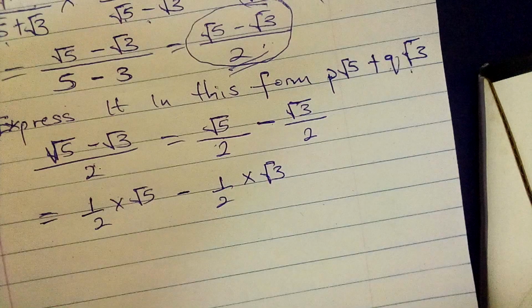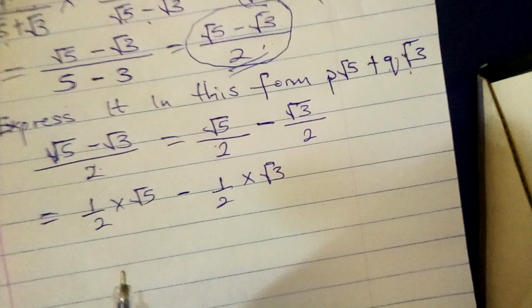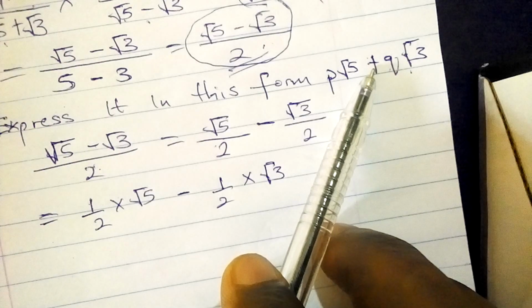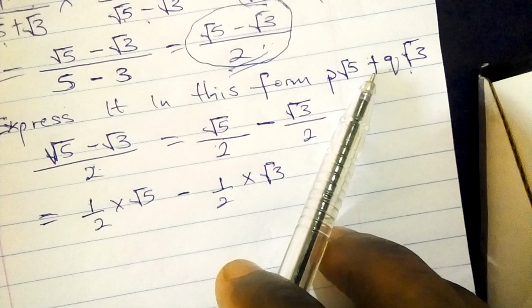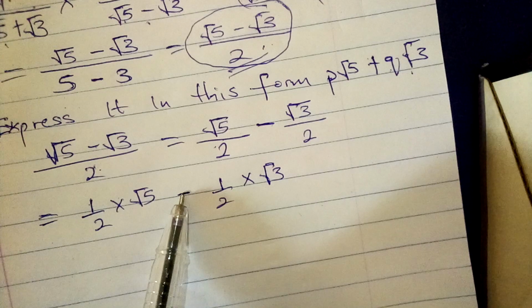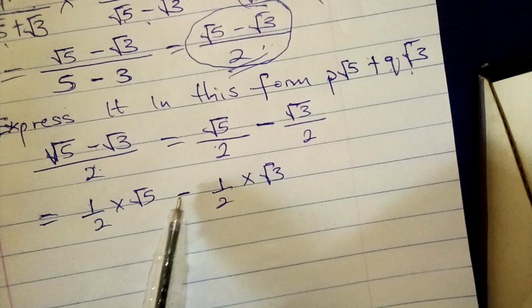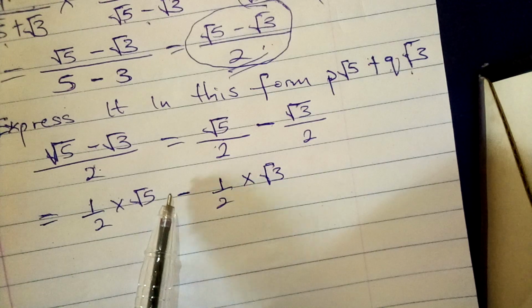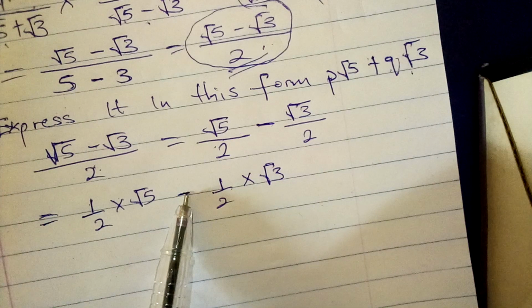So the next thing, for you to be able to compare it: what is at the center of these two expressions in the given form is addition, which is plus, but what is here is minus. But there is a law in mathematics that plus minus is still minus. So what we are going to do is introduce plus here, which will not affect it, because plus minus will still give us minus.